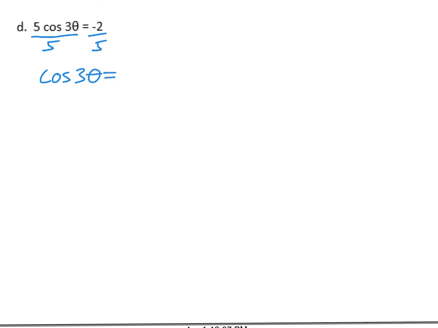Cosine 3 theta equals negative 2/5. Time for an inverse. For our trig function, all we had to do is divide by 5, and we got that by itself. So we'll do 3 theta.